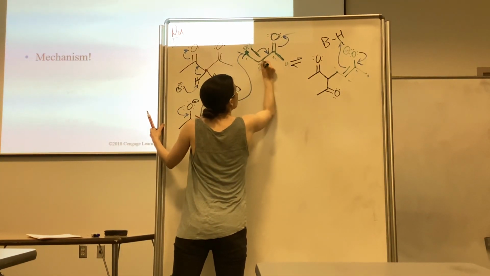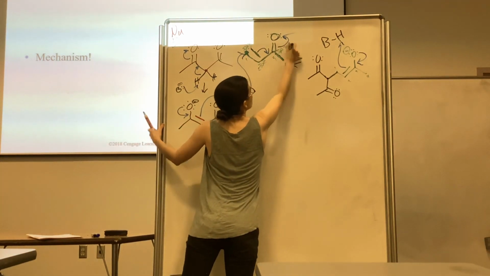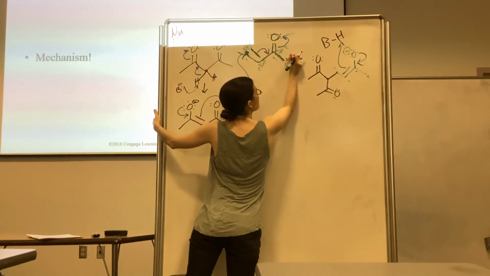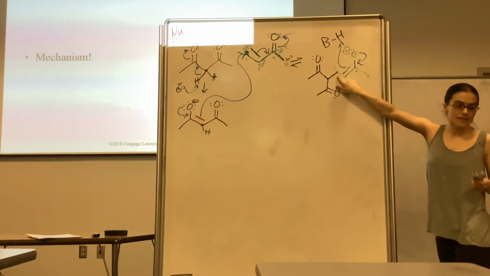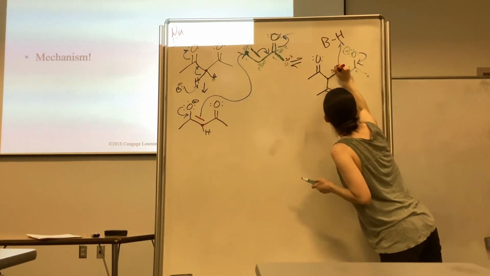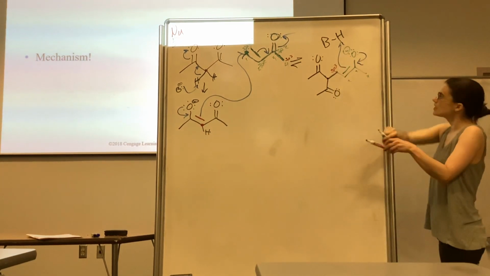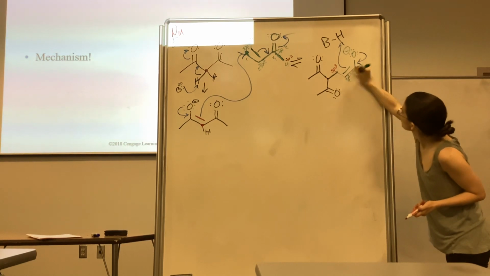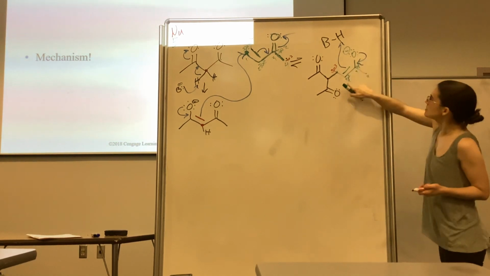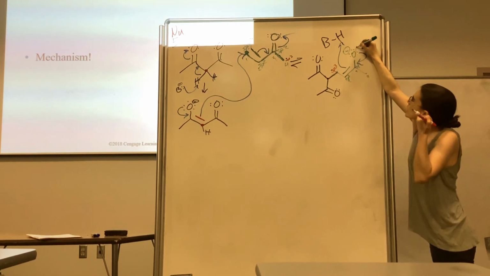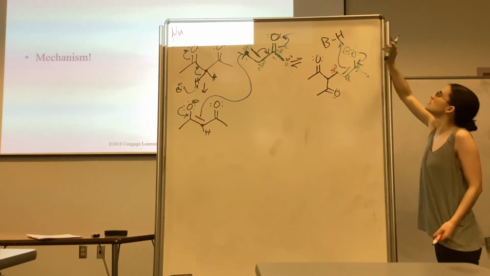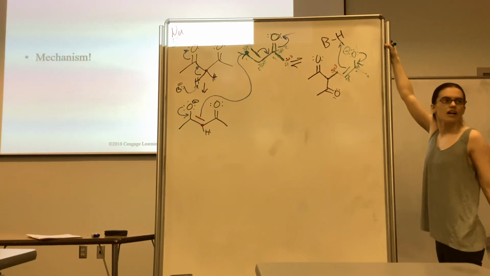sp2, sp2, sp2, sp3, right? We added to this guy, that was addition. So now this guy is already sp3. These guys are sp2 because they've got a double bond. And this guy, we could call it sp2, or whatever.